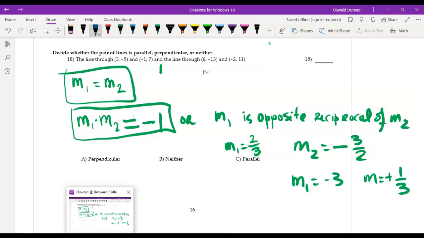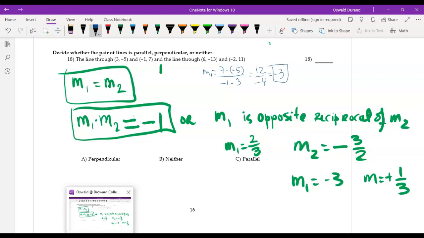So m1, right? So you have 7 minus -5 over -1 minus 3. That's going to give me 12 over -4, which is -3. Okay? So that's my first slope.